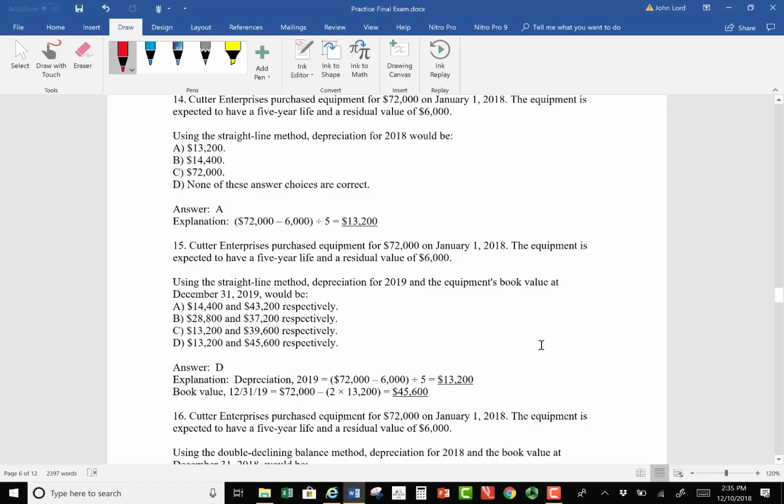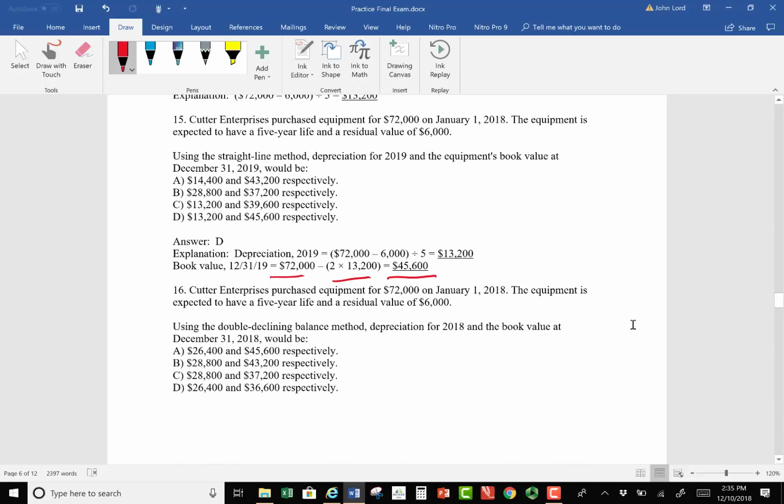So all they do is take the 72,000 minus 2 years' worth of depreciation to get the book value.